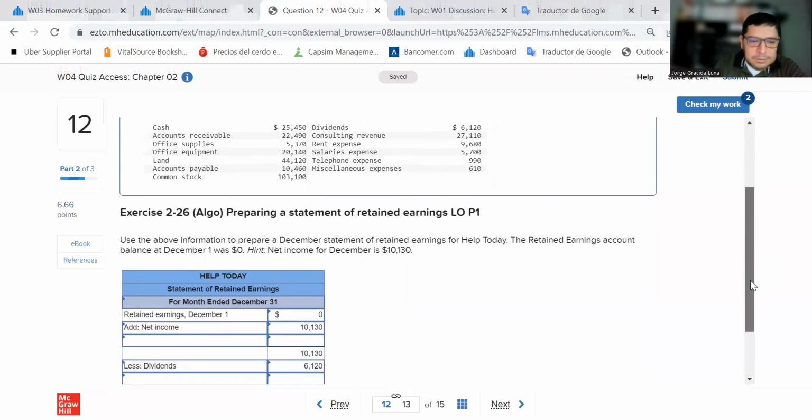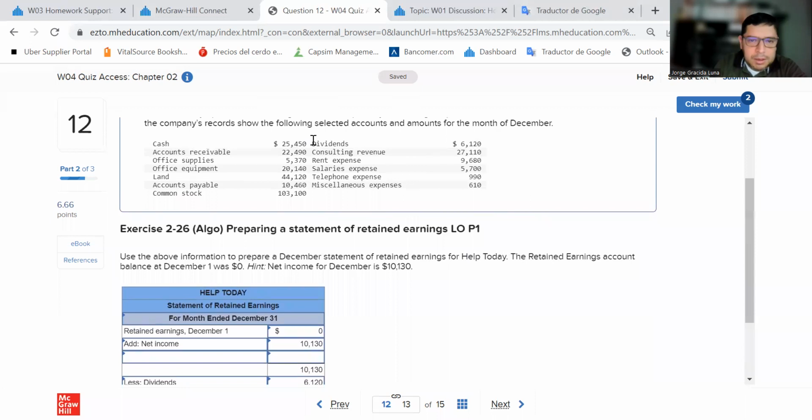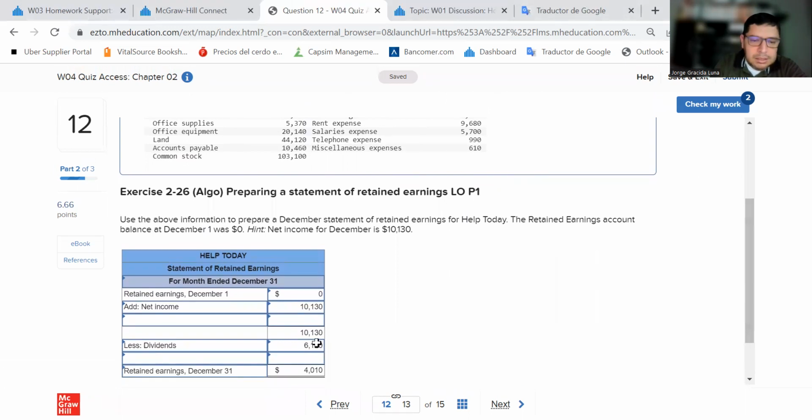Finally, we subtract dividends. Dividends are here because we have this account, dividends, 6,120, so this amount goes here. And finally, we need to choose retained earnings at December 31.